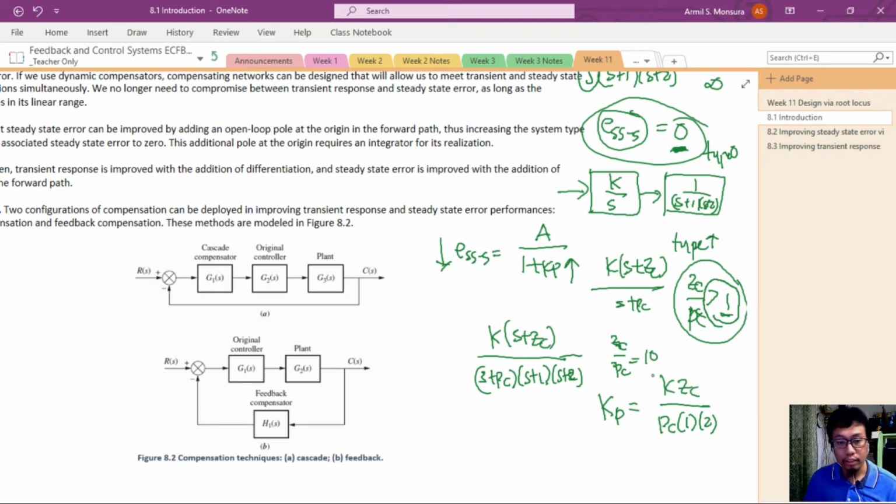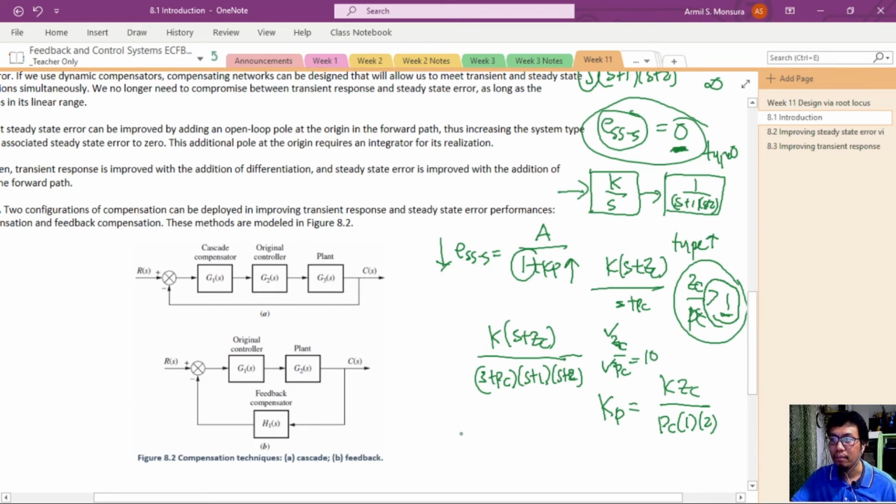So if we set 10 for that, then we can choose a location for your compensator zero and compensator pole to make that ratio 10. And therefore, when we compute the Kp, there would be a 10 times improvement in the Kp. Okay? And of course, in terms of Kp and the steady state error for the step input, they are not exactly proportional because there is a 1 factor here. Okay?